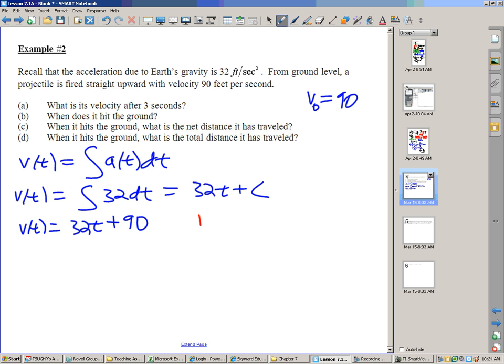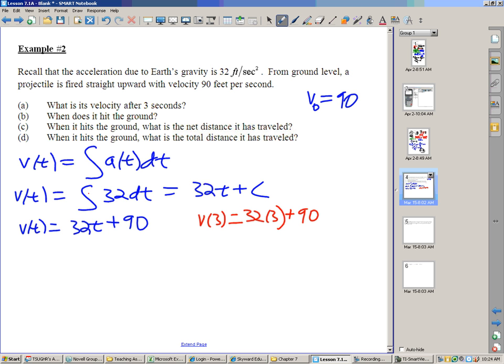Now it wants to know what's the velocity after 3 seconds. The velocity in 3 seconds is going to be 32 times 3 plus 90. So that's 96 plus 90. Except this is probably supposed to be negative, right? Okay.